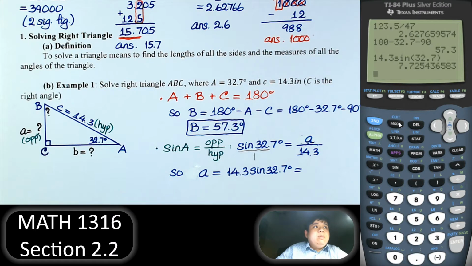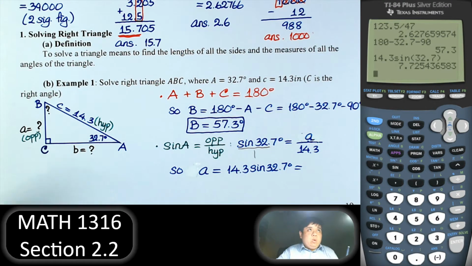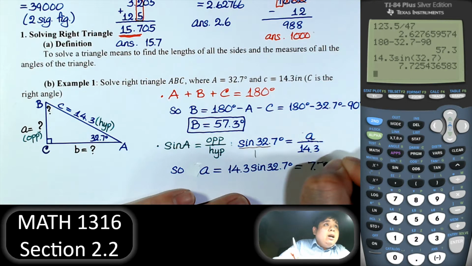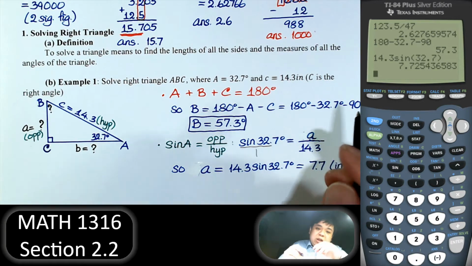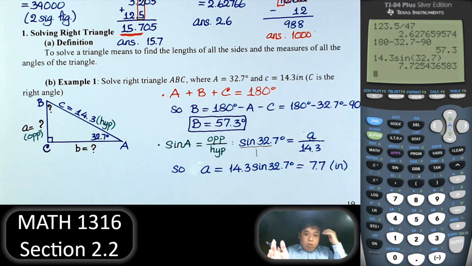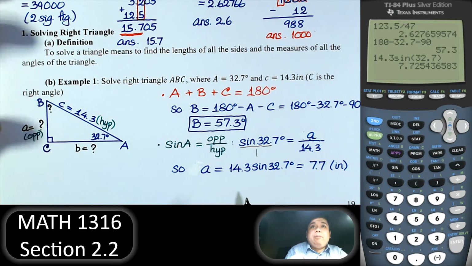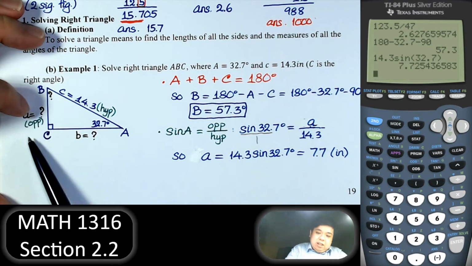Make sure it is in degree mode. So we have 7.7, and the unit is inches. This problem did not say round to a certain number of decimal places, so we are just going to keep one decimal place. How about that? Now we have a is 7.7.